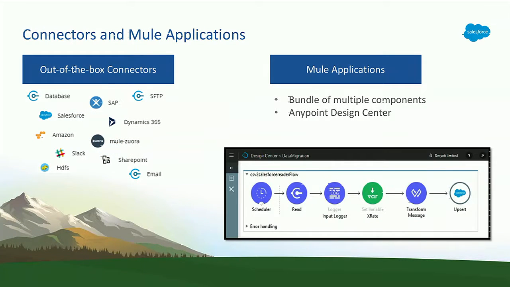And how do we achieve that API-led connectivity? MuleSoft provides a number of out-of-the-box connectors, and these are just components that you can drag and drop into your workspace, and all you have to do is configure certain parameters depending on what the component is.